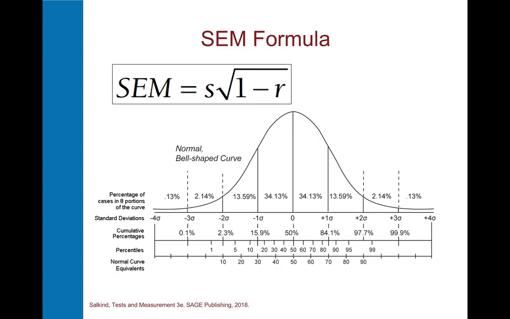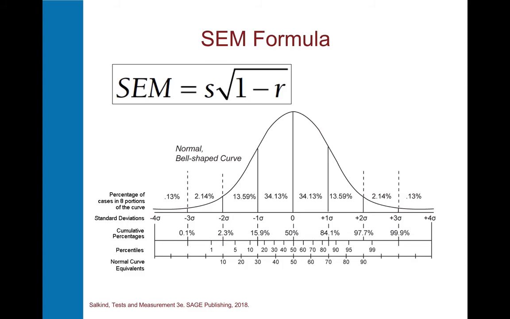We can also be 95% confident, that is two standard deviations right here. So that's 97.7 minus 2.3, that's about 95%. We can always be 95% confident that his true score will fall within 18 plus or minus 1.8 times 2, which is 3.6.